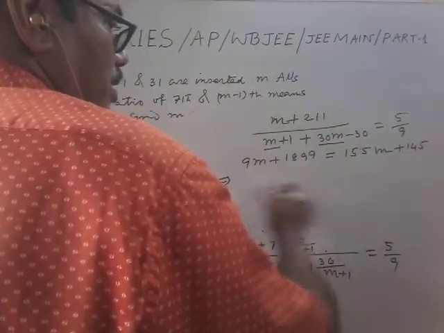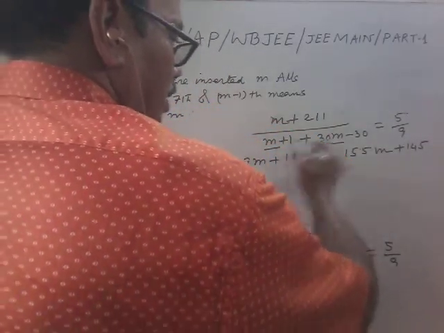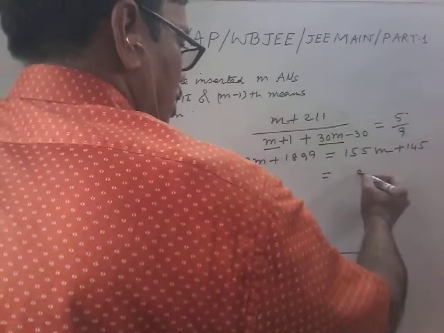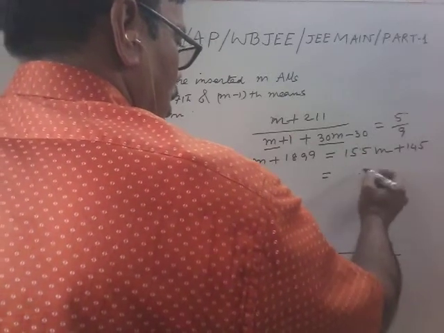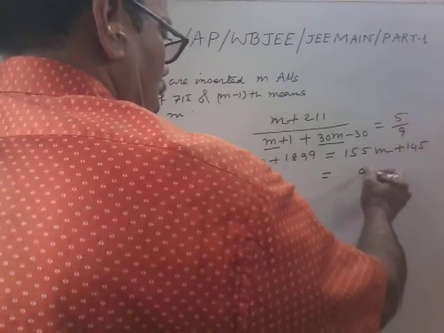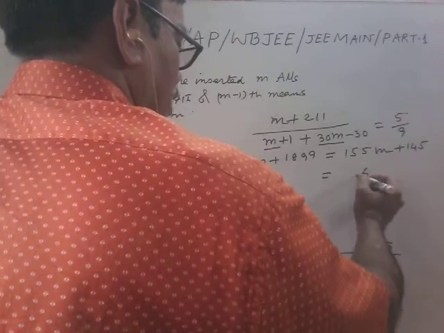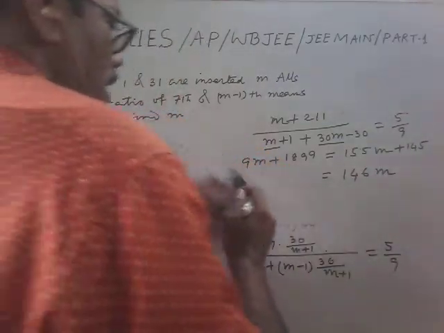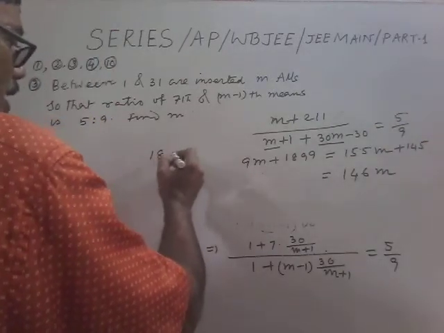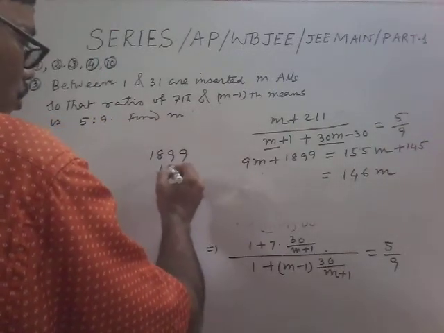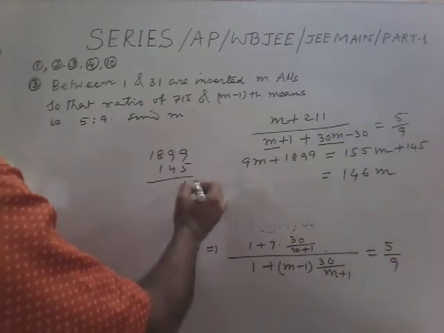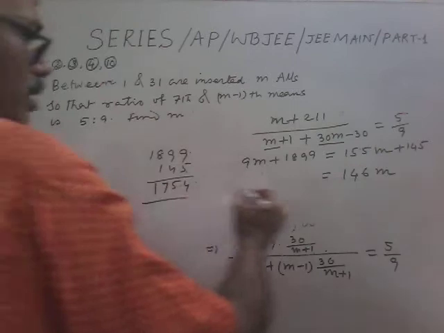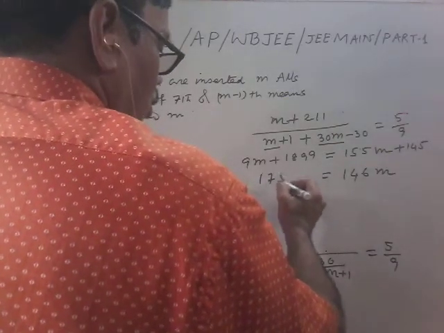So if we transfer this to the right hand side, 155, so this is 146m, and 1899 minus 145, this is 1754.